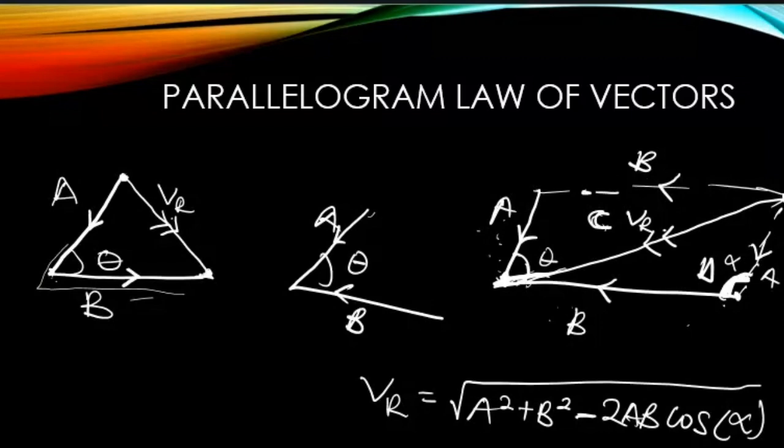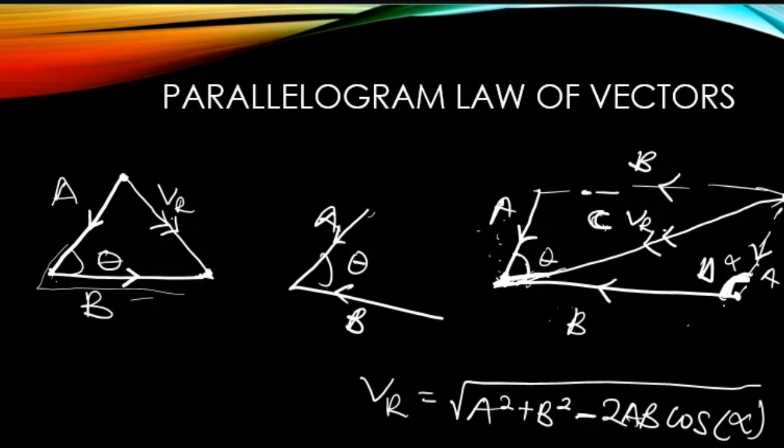The third one is that the parallelogram is drawn from these two vectors. The two vectors seen here generated this whole parallelogram. And the last one is that the diagonal of the parallelogram is drawn from the point where the two vectors meet, or where the two vectors diverge from.